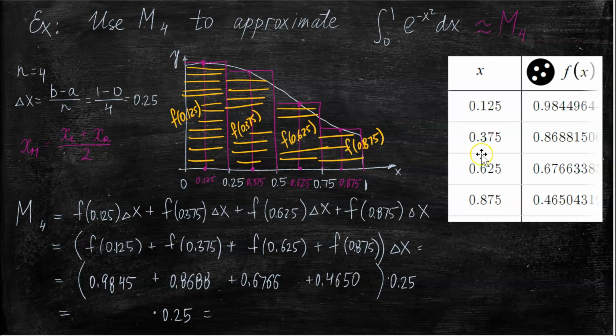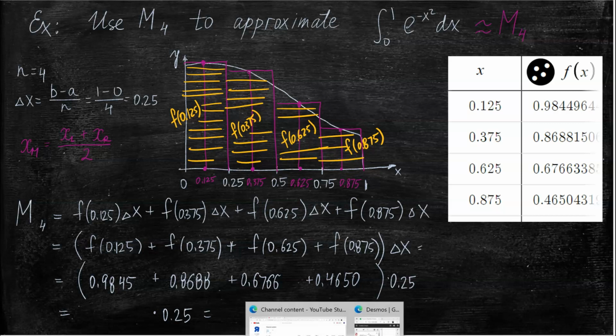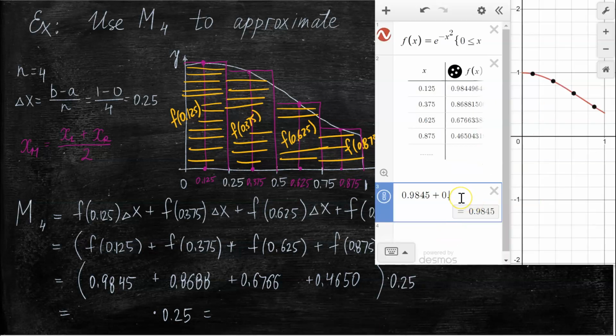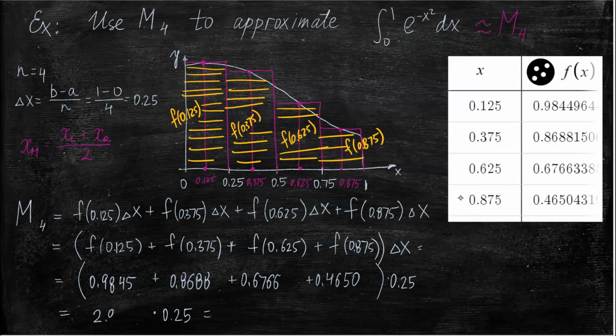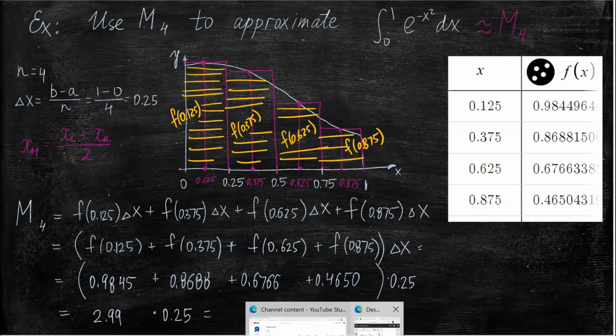And now adding those four numbers together will give us the expression inside of the parentheses, and then multiplying it by 0.25 will give us the desired M4.